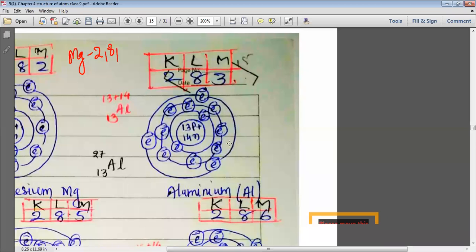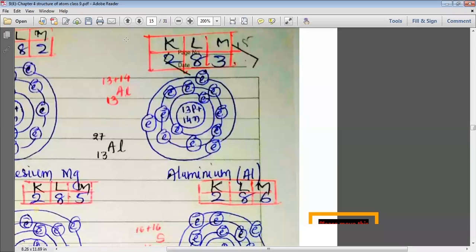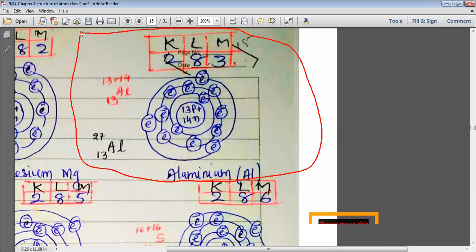Now dear students, let's study about the 13th element, and the name of the element is aluminium. So here you can see aluminium and its structure I have drawn for you. Aluminium falls on the 13th number, and thus it has got 13 protons and 13 electrons.